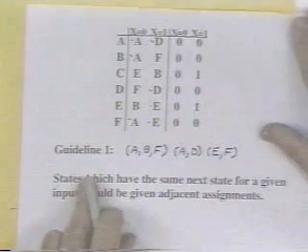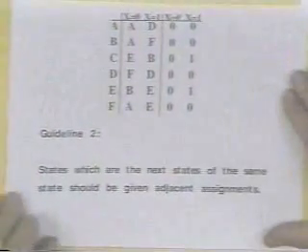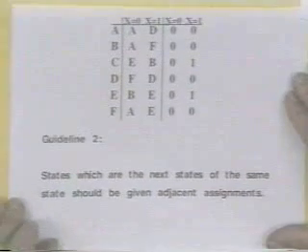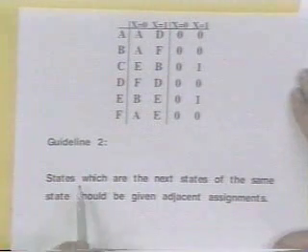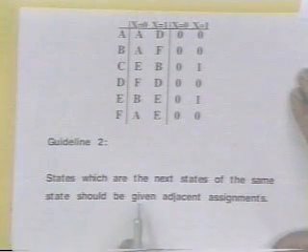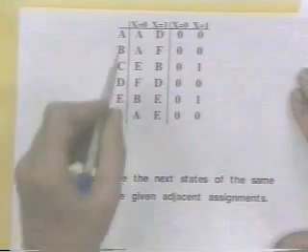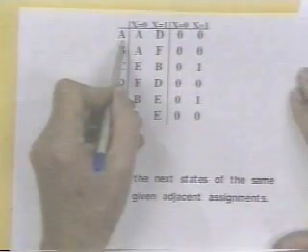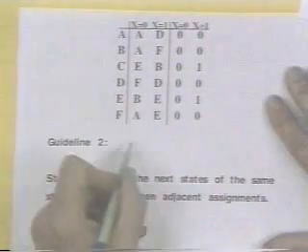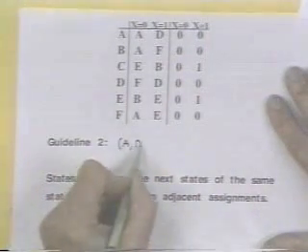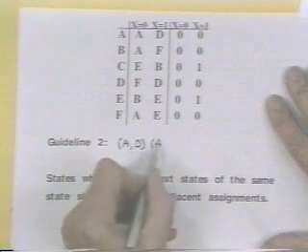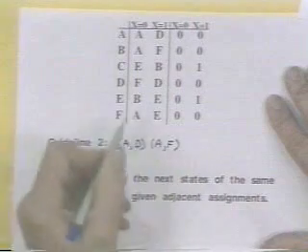So that's one guideline. Another guideline: here's the same state table, and we're going to apply guideline 2, which tells us states which are the next states of the same state should be given adjacent assignments. That is, A and D are next states of state A, so they should be given adjacent assignments. A and F are next states of B. They should be given adjacent assignments.